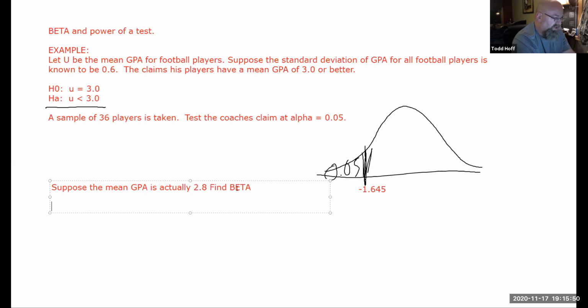What we do is we first find the z-score of 2.8. That's going to be 2.8 minus the hypothesized value, 3.0, divided by our standard error. So it's a standard deviation of 0.6 divided by the square root of our sample size of 36. This gives a z-score of negative 2.0.